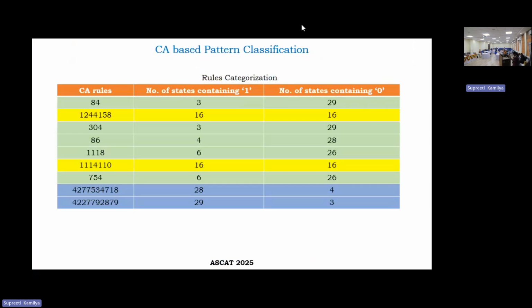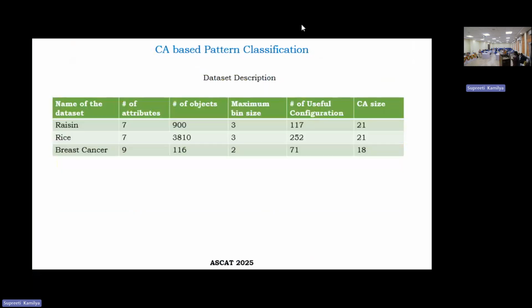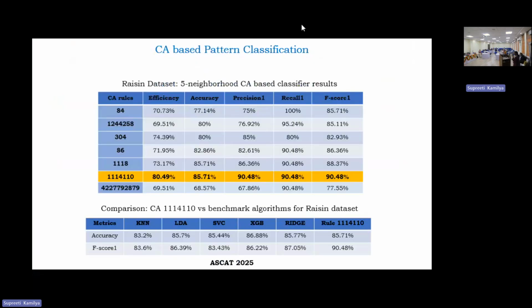Next I want to show you the result part. We have taken three data sets from the ML repository: protein, rice, and breast cancer, with a one by one comparison. Here it was showing that this tool is giving the best results with respect to the other five neighborhood rules, and this is the comparative analysis.